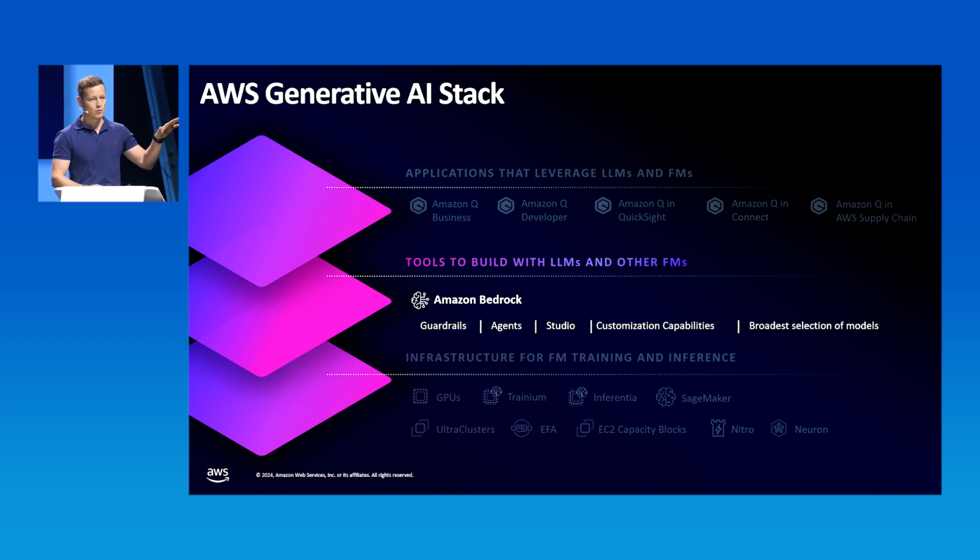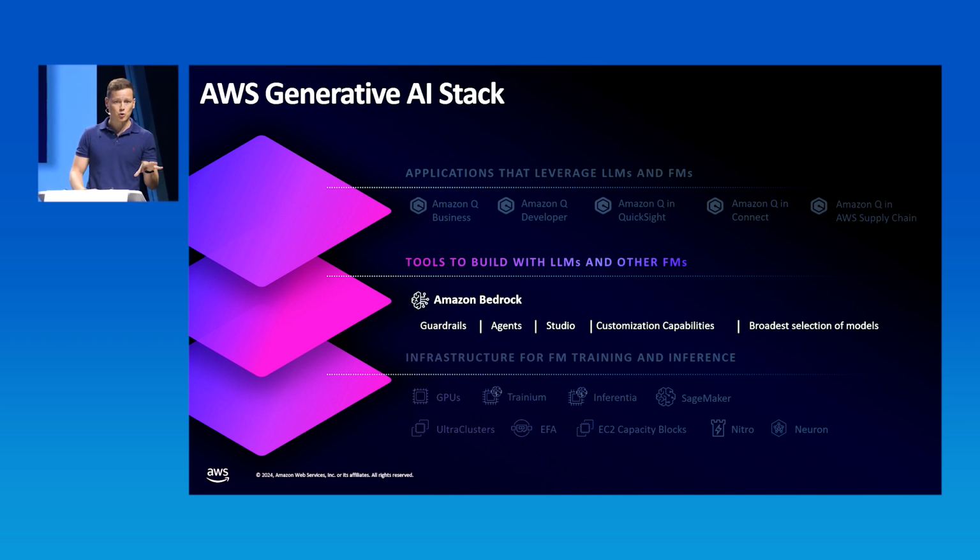In the second layer, we have Amazon Bedrock, which is the service that we are going to see today. Amazon Bedrock is a completely managed service by AWS, and it provides leading LLMs at your disposal, and they can be reached through an API.